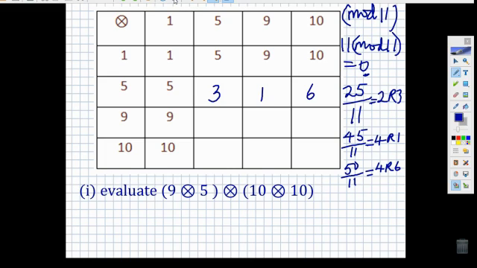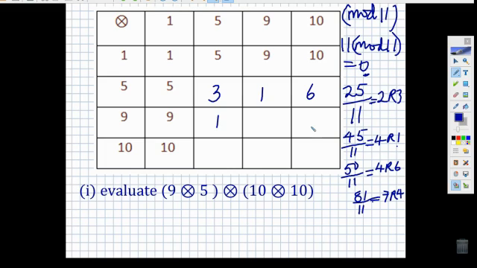Again, we have 9 times 5, which is 45. 45 divided by 11 is 4, remainder 1, as we have said before. And then 9 times 9 is 81. 81 divided by 11 is 7, remainder 4.